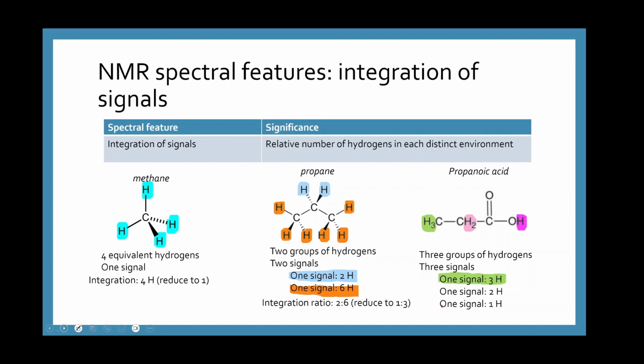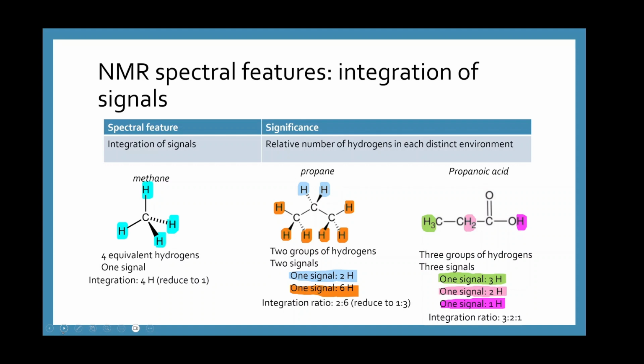Another signal would correspond to the 2 light pink hydrogens, the CH2 group, and then the last would be that 1 hydrogen from the carboxylic acid group. So this molecule would produce 3 signals, and the integration ratio is 3:2:1 or 1:2:3. We can't reduce those numbers to a smaller whole number, so they would be exactly as they are in the molecule.